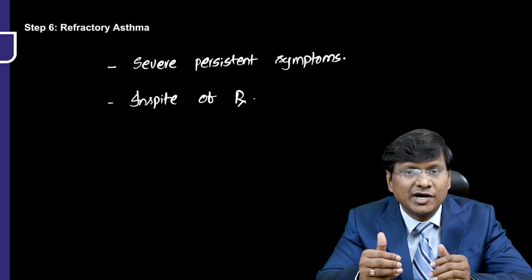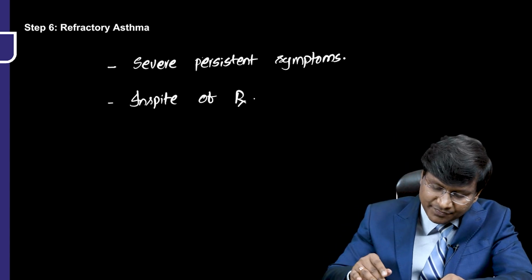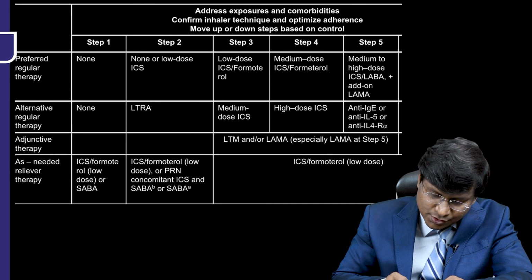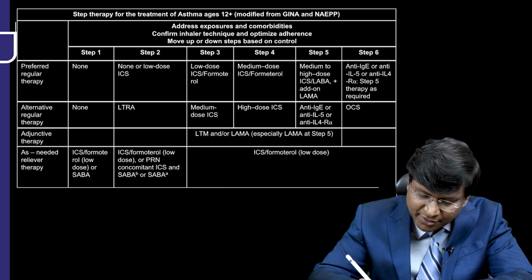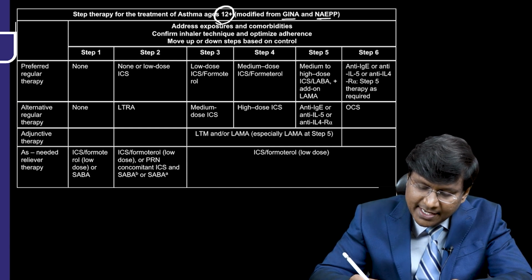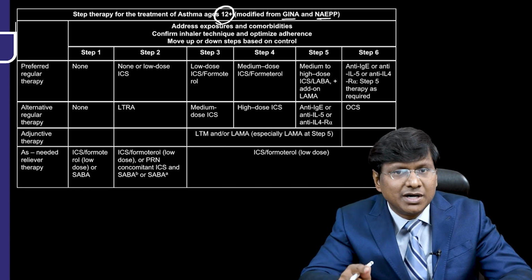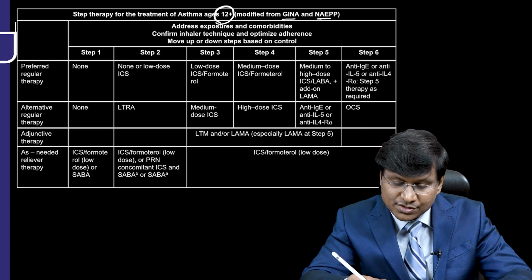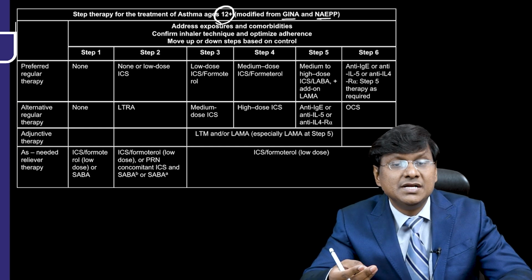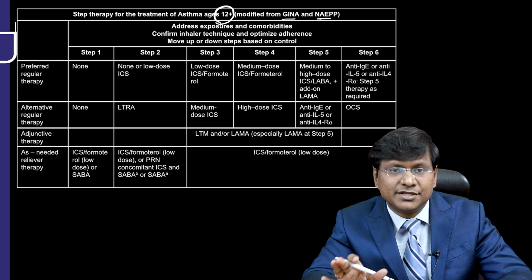Let me tell you what treatment you need to start with. If you take the stepwise therapy, first, the step therapy for treatment of asthma, this is for age 12 plus, modified from GINA. GINA is the one given by the World Health Organization, whereas NAEPP, the National Asthma Education and Prevention Program, is the guidelines by the United States.